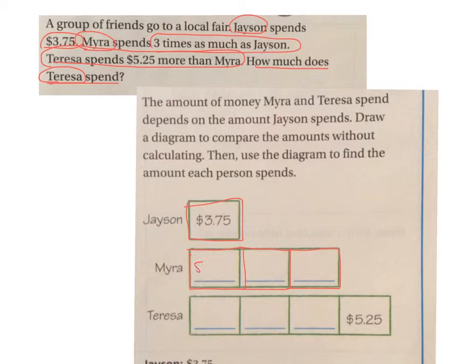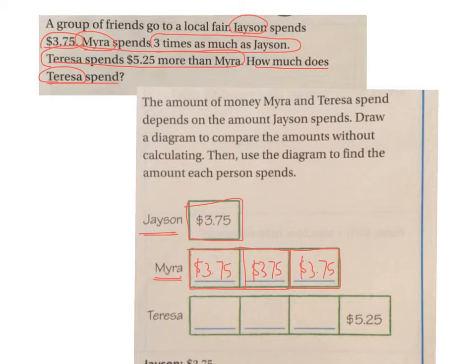Yeah, so let's go ahead and fill that in. Go ahead and draw this diagram in your notebook and fill in the amounts. Don't forget to label it so that you know that the 1 rectangle is for Jason. 3 rectangles is for Myra because she spent 3 times as much as Jason. And now finally, how much did Teresa spend compared to Myra?